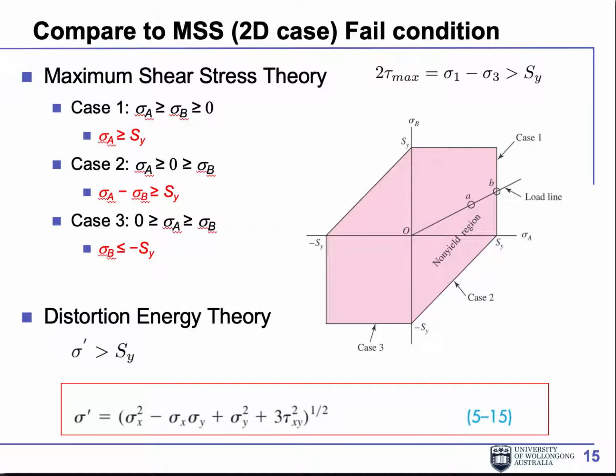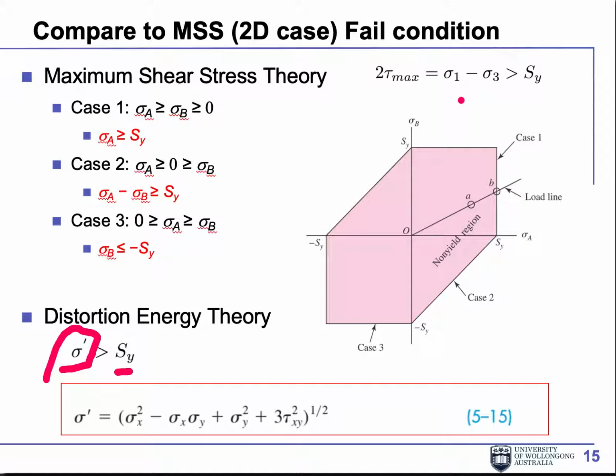So to summarize, the Vollmer stress is very important to combine different loading conditions. You have different normal stress and shear stress to be combined into a single number, and use this single number to compare with yield stress, so we can get the failure condition of a ductile material.